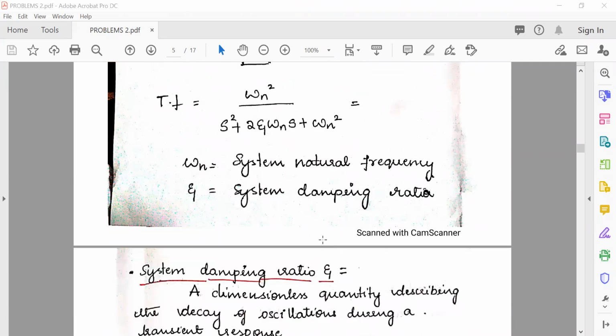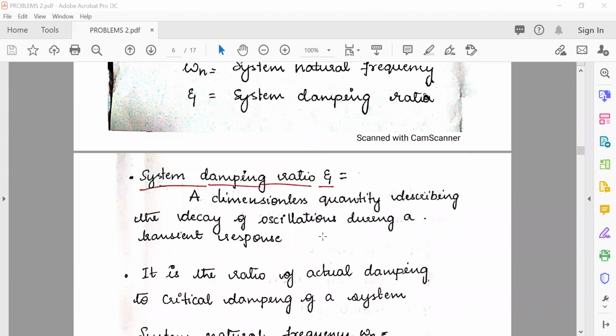These terms we have already defined, but I'll tell you again. Zeta is a dimensionless quantity, and it means damping, how the system will settle down. It is the ratio of actual damping to critical damping in a system or in a circuit.